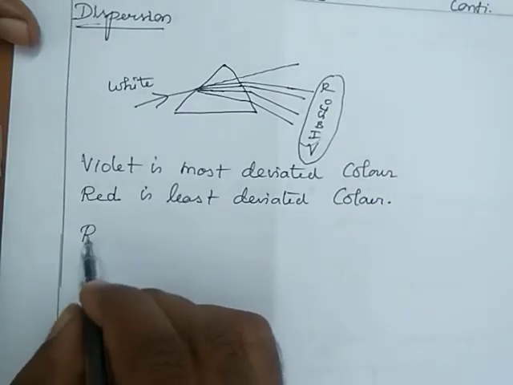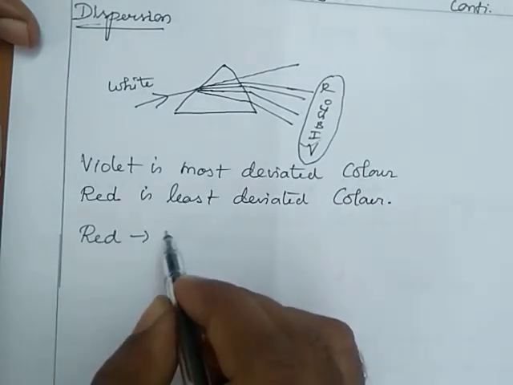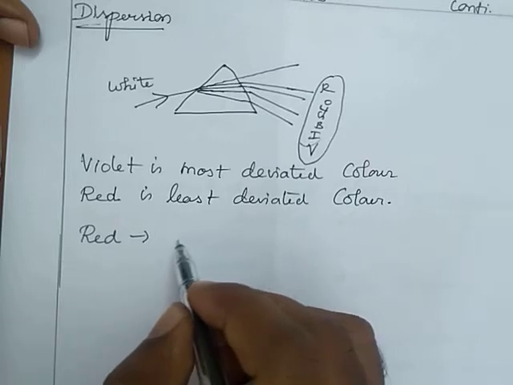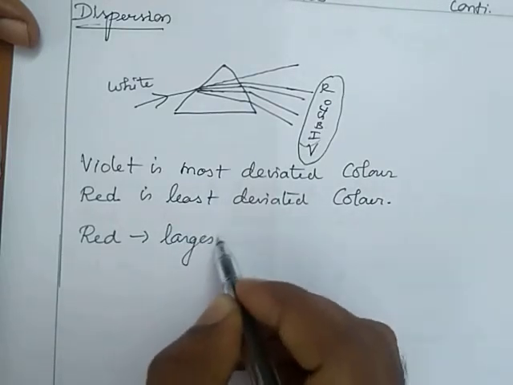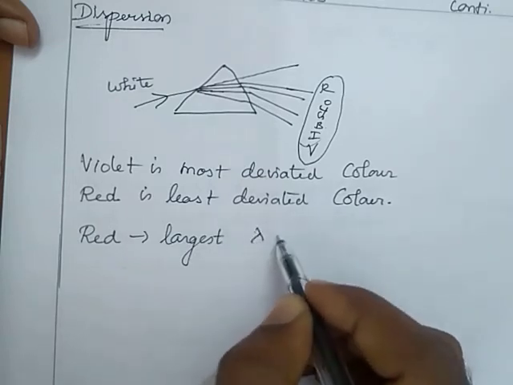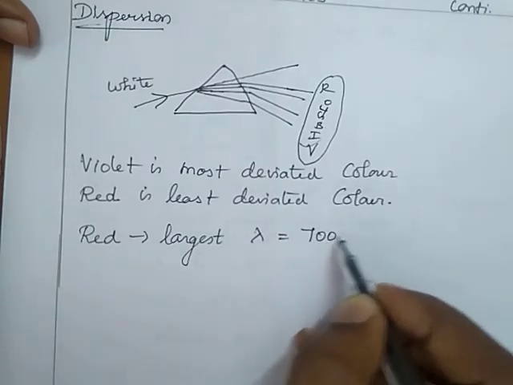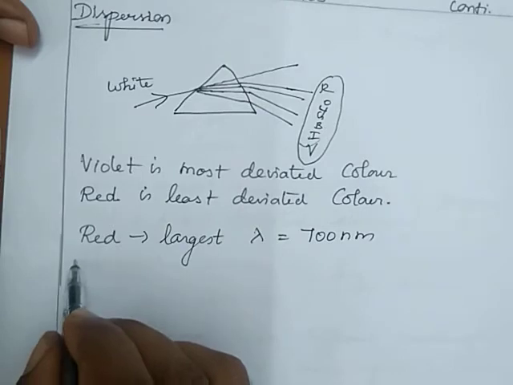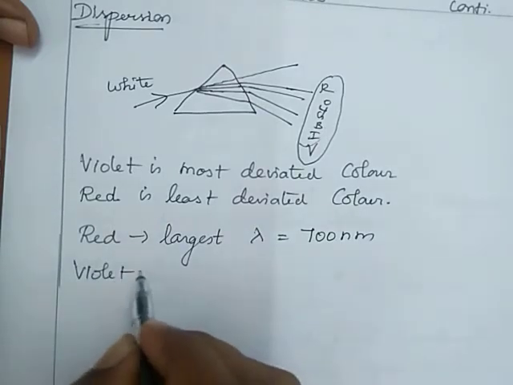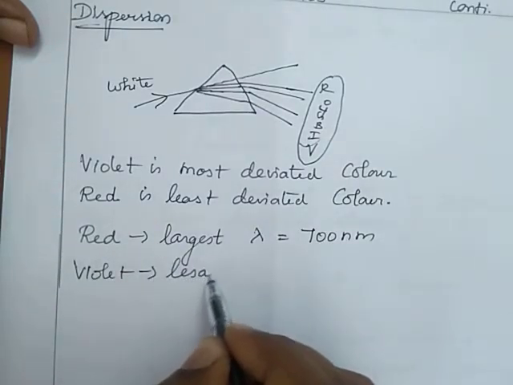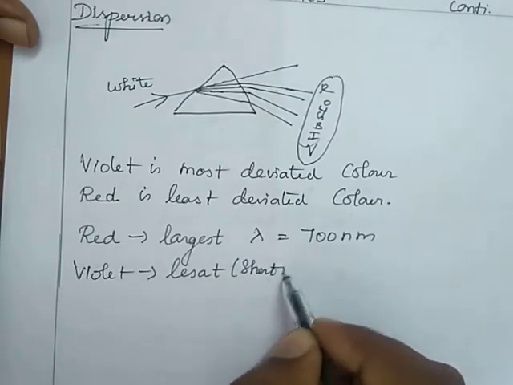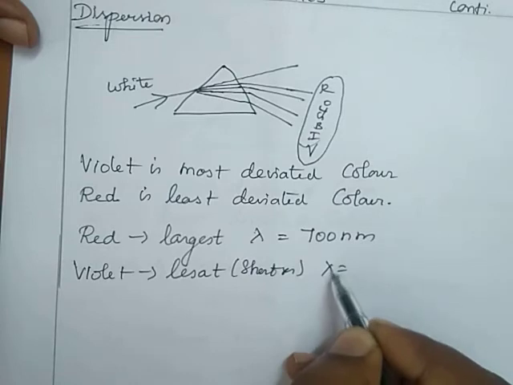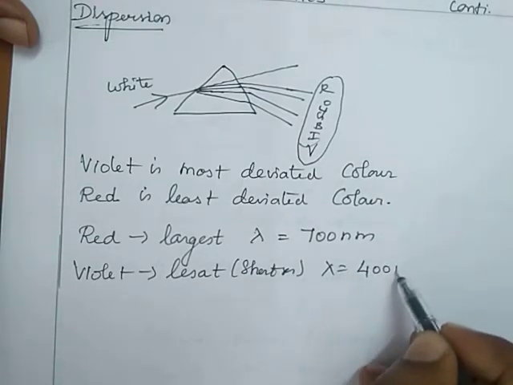Red has the largest wavelength, that is lambda is equal to 700 nanometer, and violet has the least wavelength, that means shorter wavelength, that is lambda is equal to 400 nanometer.